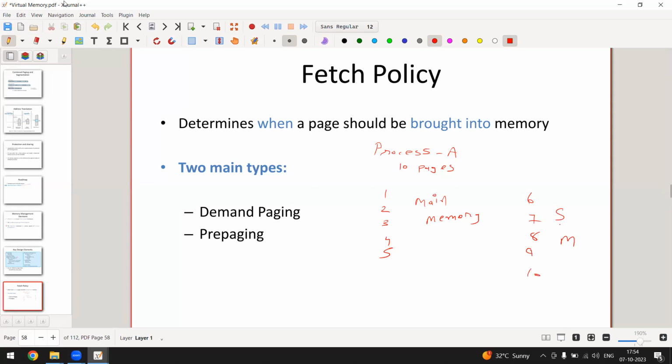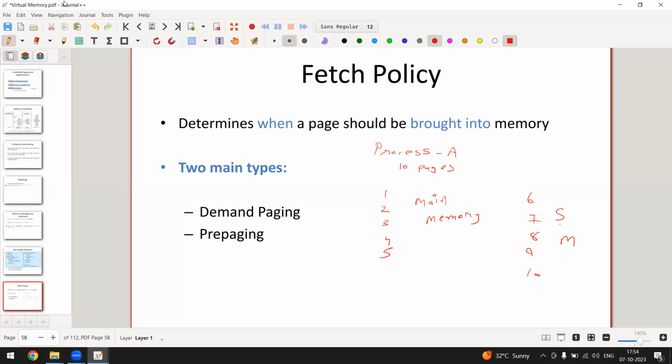And my process can still execute because some of the pages are there in the main memory. According to the philosophy of virtual memory, my process can execute. But these pages which are there in the secondary memory, 6, 7, 8, 9, and 10, when do you bring them to the main memory? This decision is taken as a part of fetch policy.